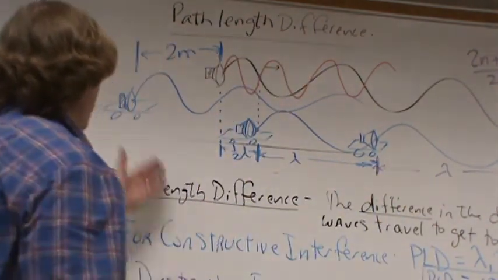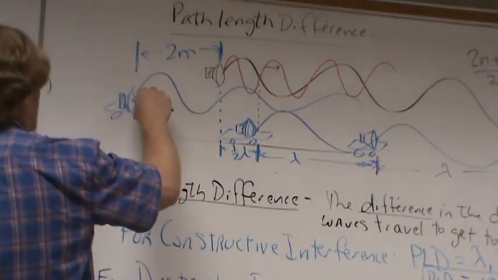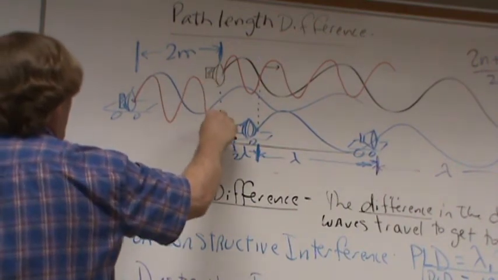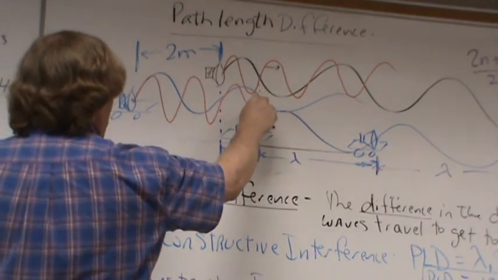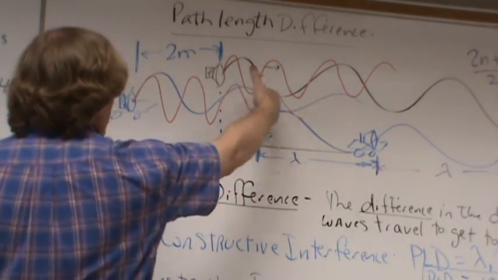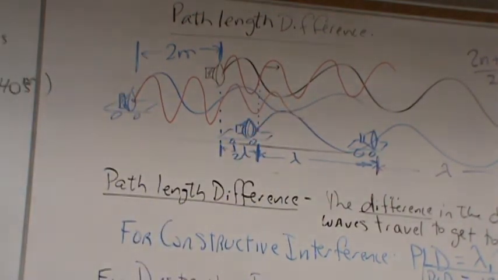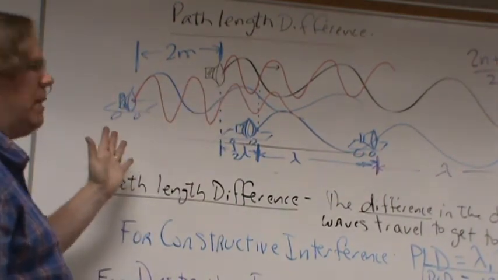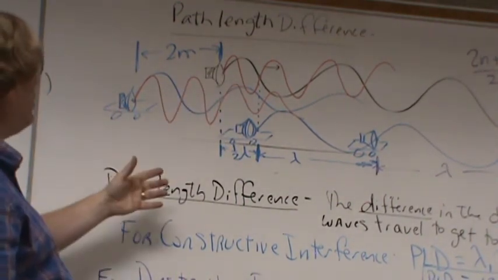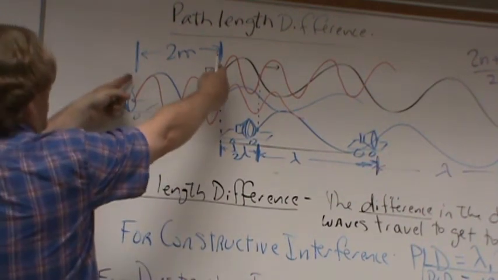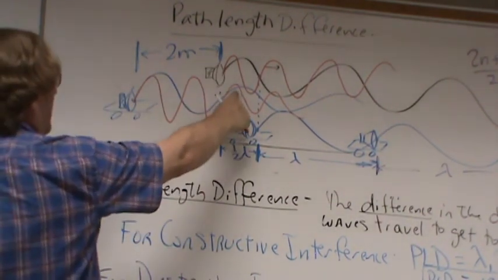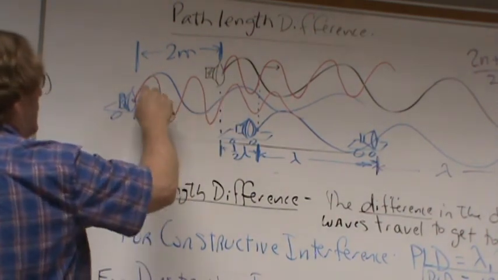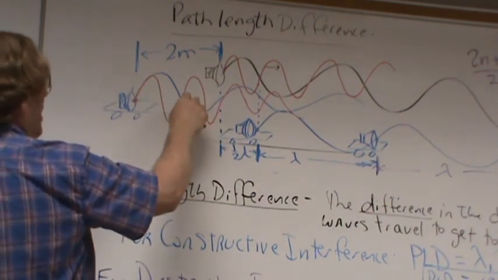And this guy's going to look like this. You see? Now they're catching each other crest to crest and trough to trough, but I cut both of their wavelengths in half, which means I doubled their frequencies. So now this same 2 meters, instead of being a path length difference of 1 lambda, has become a path length difference of 2 lambda, 2 wavelengths.